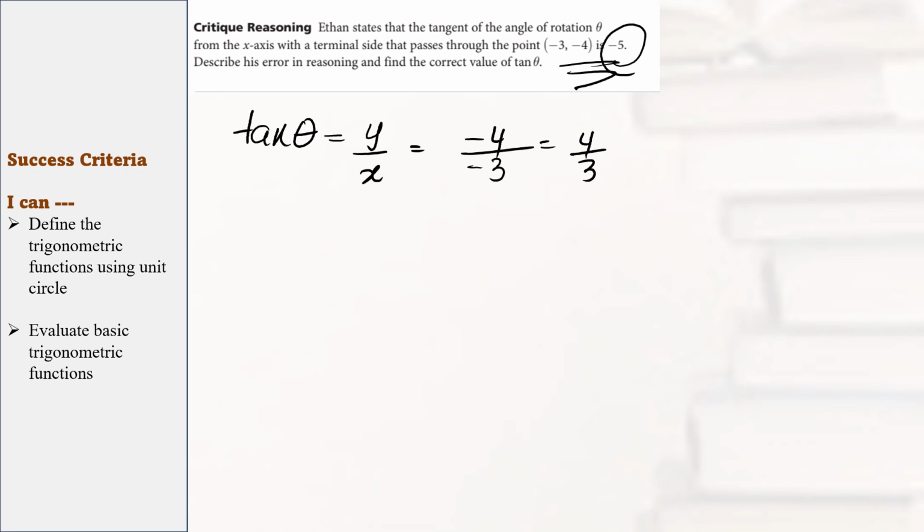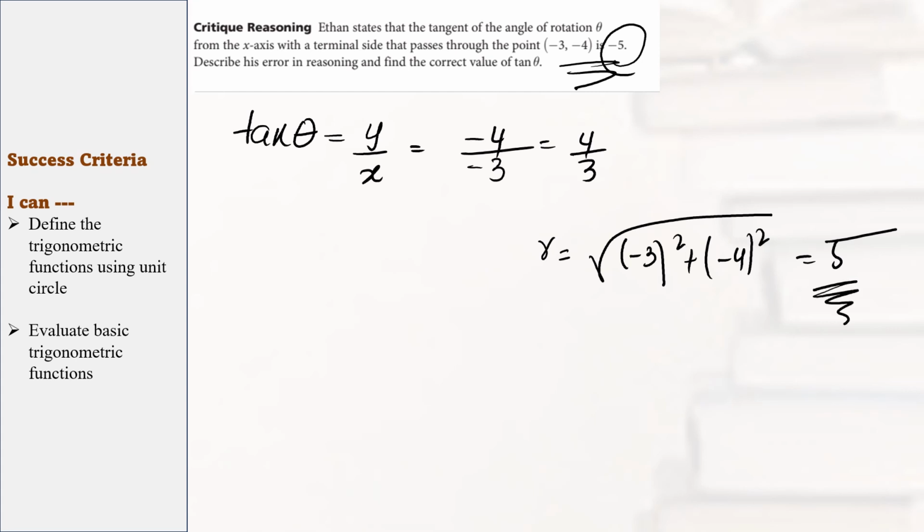Why is he saying -5? I think that he is trying to calculate the r, that is -3 whole square plus -4 whole square, and the answer is 5. He is feeling that this r could be his answer.